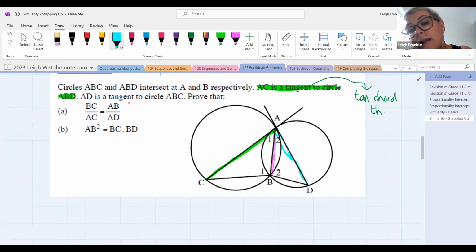I'm trying to highlight AD for you now and BD. So in other words, which two angles are equal?